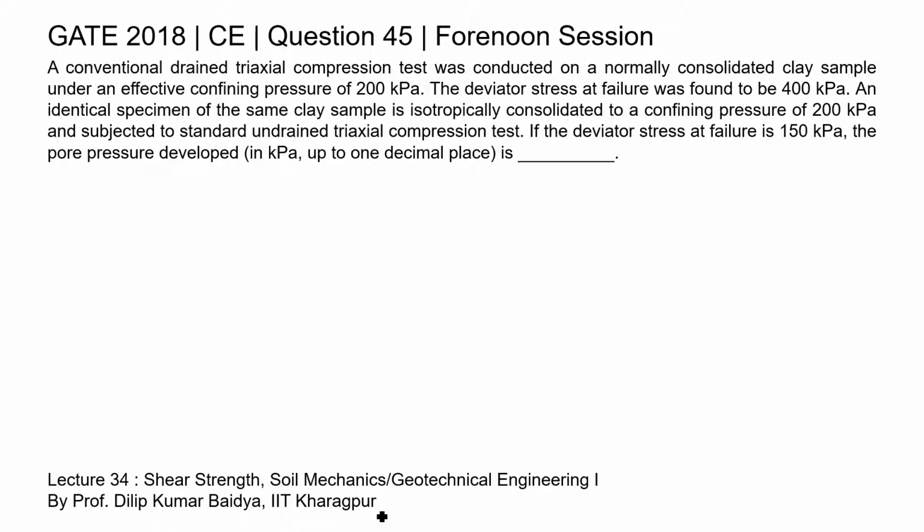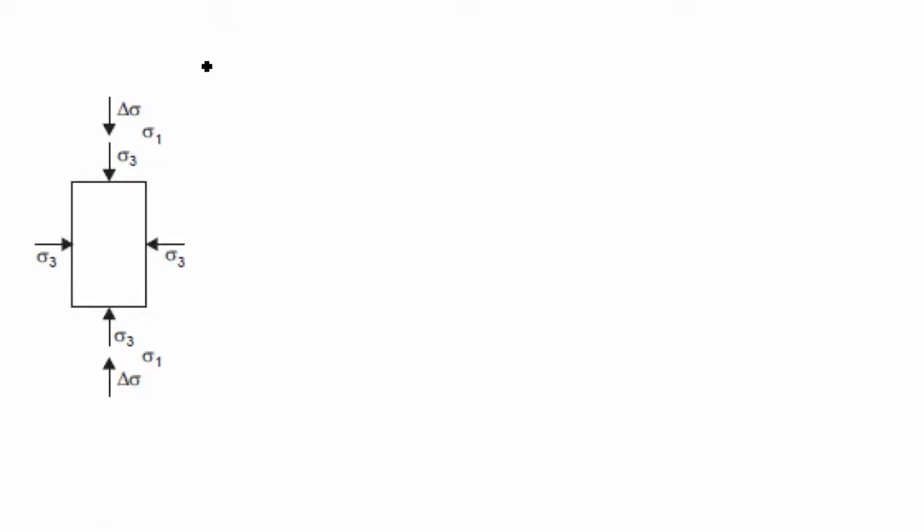So from the drained triaxial compression test, we have a relationship between the stresses for the failure plane, and the equation is sigma 1 is equal to sigma 3 tan square (45 plus phi by 2) plus 2c tan (45 plus phi by 2).